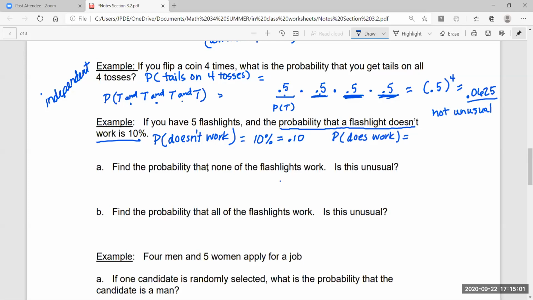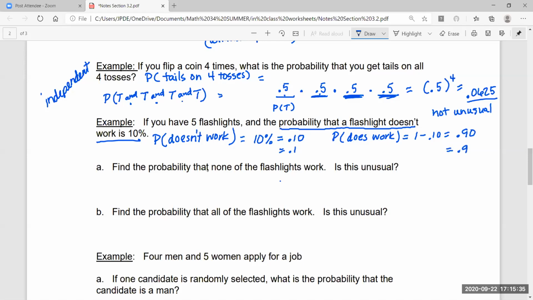I'm going to give you time to think about it. Work, doesn't work. These are complements. So they have to add up to 1. So if you take 1 minus the 0.10, you'll get 0.90. And whether you include the 0 or not, it's up to you. You could just use 0.1 and 0.9. I'm including them because sometimes it confuses students if I don't.